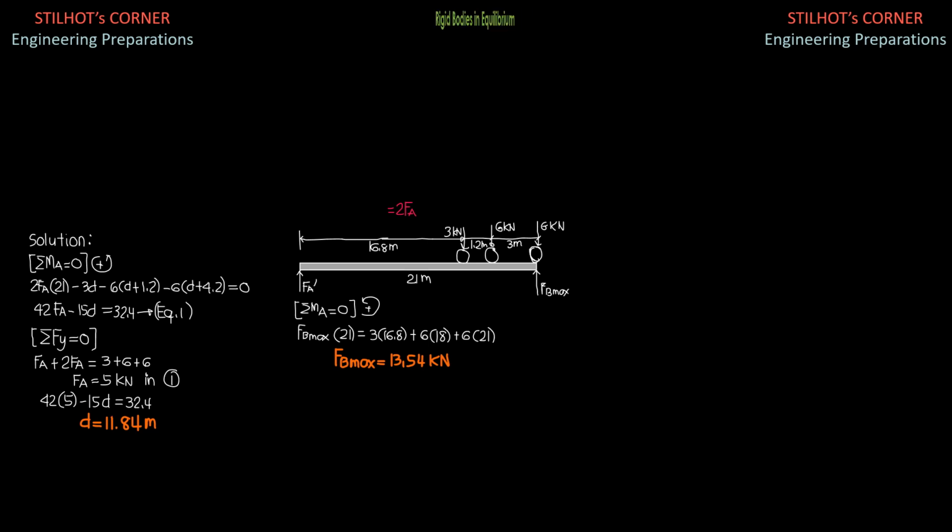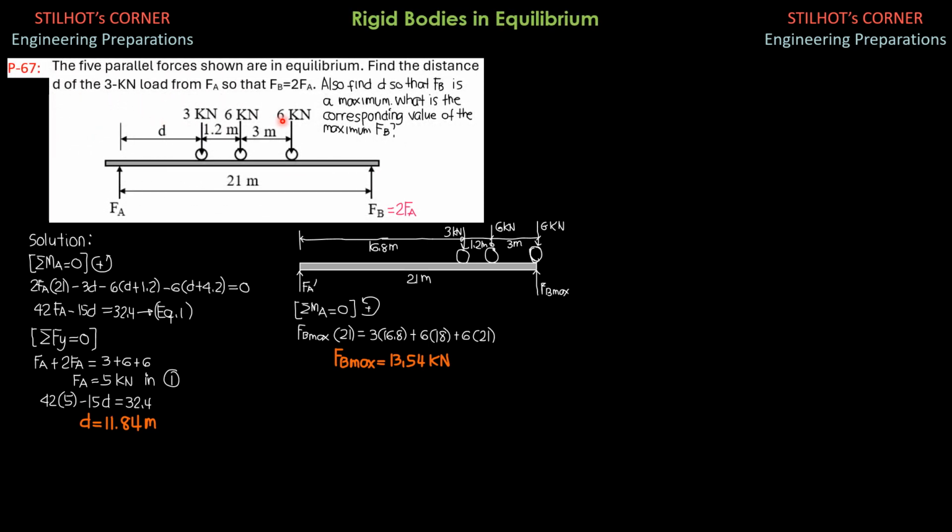So for this second problem, we have here a parallel force system, and parallel force systems are easy to manage. And here we go. We simply apply Varignon's theorem here. The 5 parallel forces shown are in equilibrium. So we have FA, FB, second, then third, fourth, fifth.